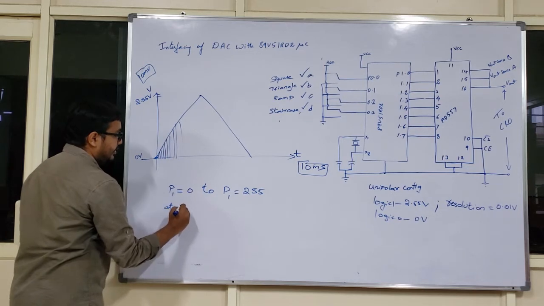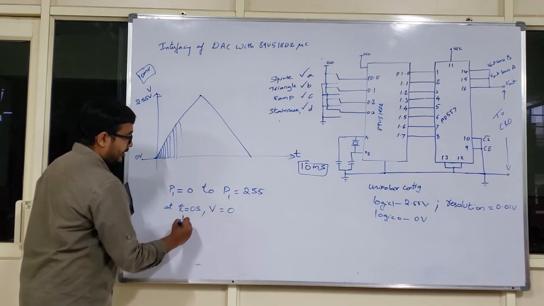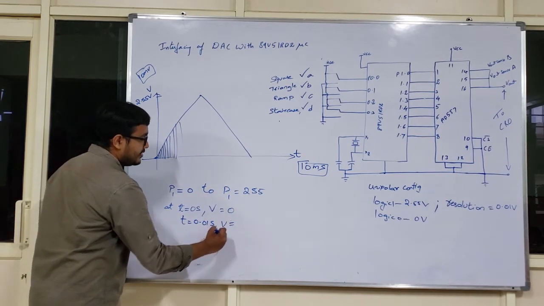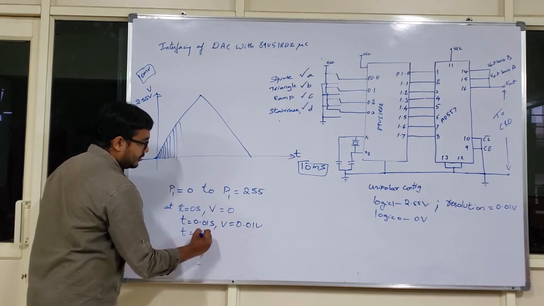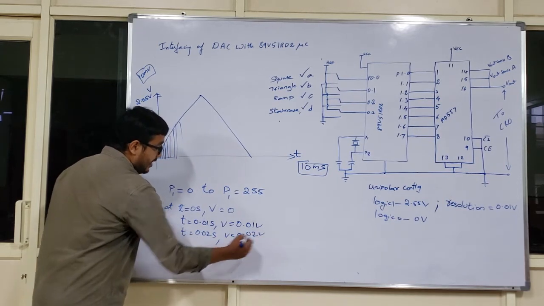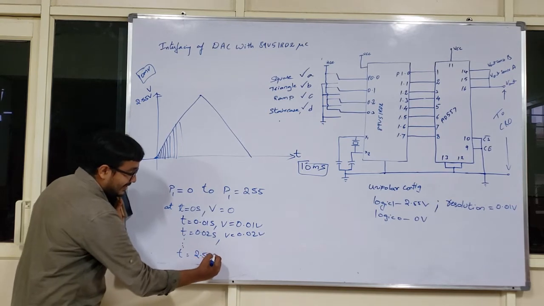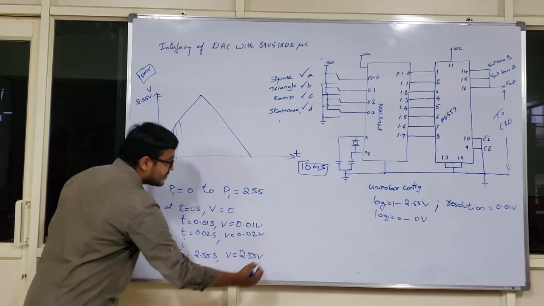At t equal to 0 seconds, my value of voltage is 0. At t equal to 0.01 second, my value of voltage is 0.01 volts. At t equal to 0.02 second, my value of voltage is 0.02 volts. And at t equal to 2.55 seconds, the value of my voltage is 2.55 volts.